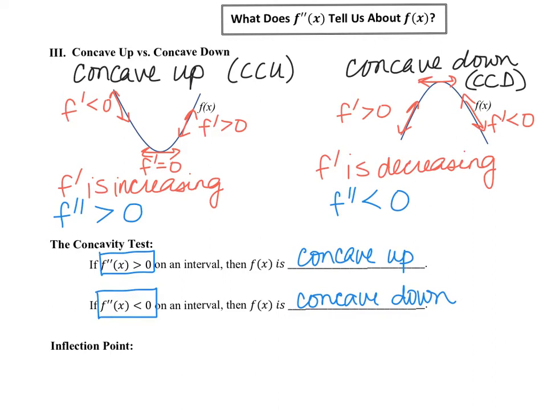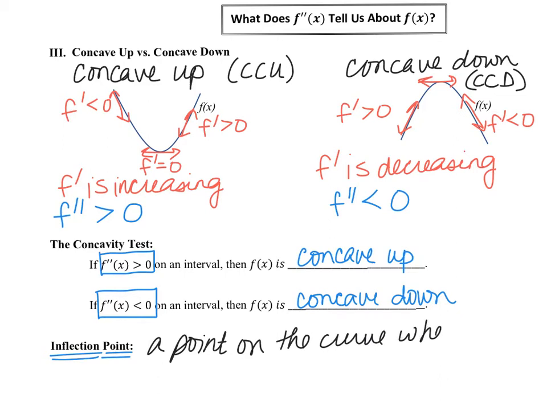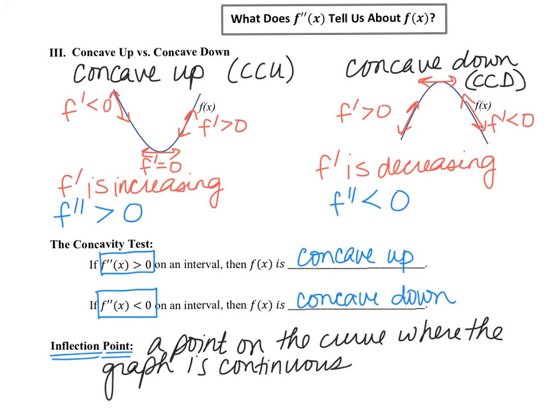So what happens when we have a change in concavity? That's what we consider a point of inflection, or an inflection point. An inflection point is a point on the curve where the graph is continuous, because we won't have a point of inflection if there's a discontinuity there.